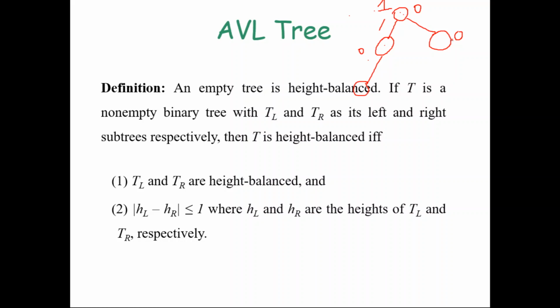This one is 1 minus 0, which is 1. This is still 0, this is still 0. So for all the nodes HL minus HR is less than or equal to 1, so this is still height balanced. Now say, for example, I am adding one more node here.